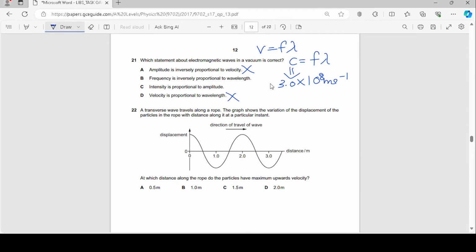And as for frequency and wavelength, if the wave velocity is constant, then f and lambda are inversely proportional because this is a constant.